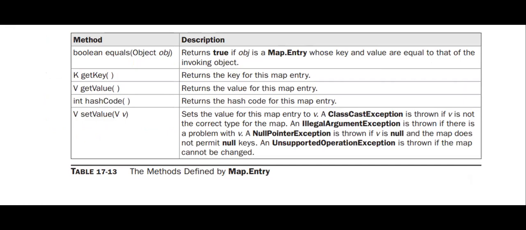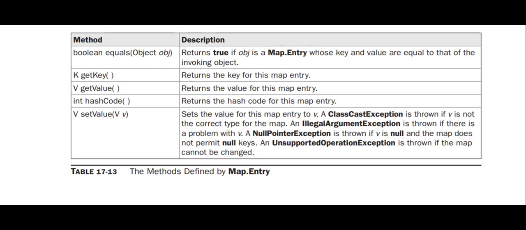So the equals method will return true if the object we have passed and the object on which it is being invoked are both map entries and both the keys and the values are equal.